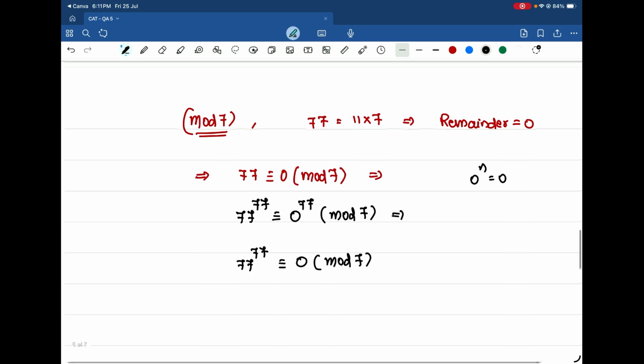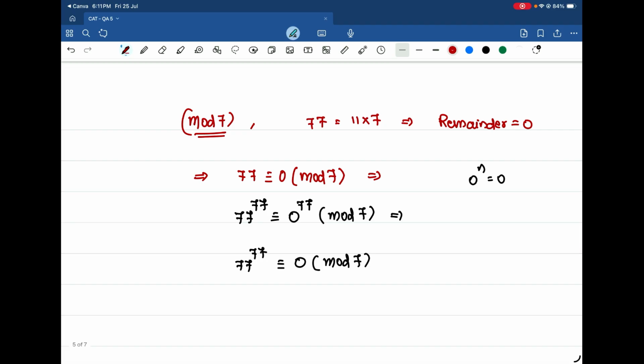Now, the next factor of the denominator is 37. Mod 37 is to be analyzed. We are analyzing all the 3 factors of the denominator.